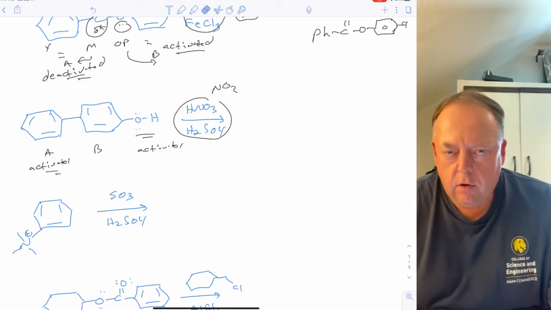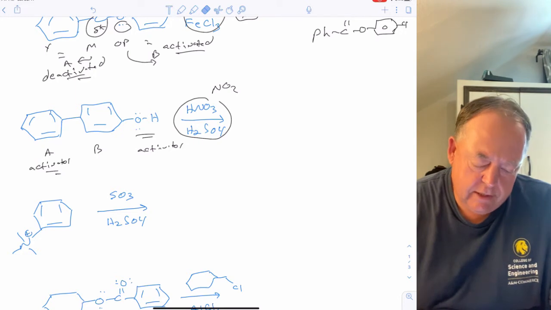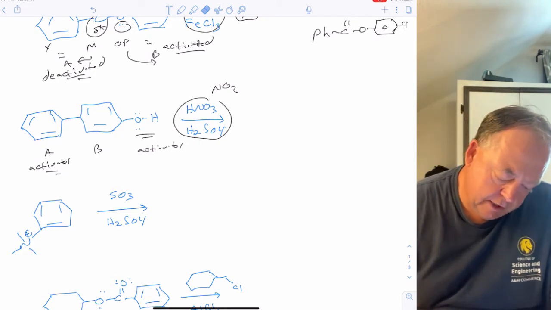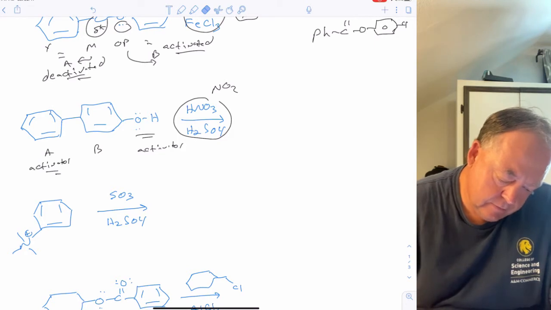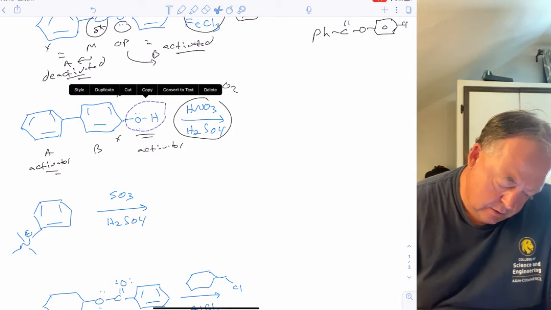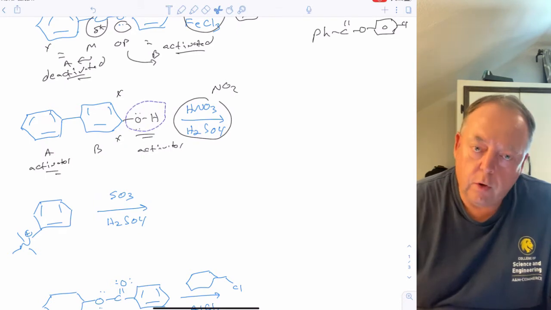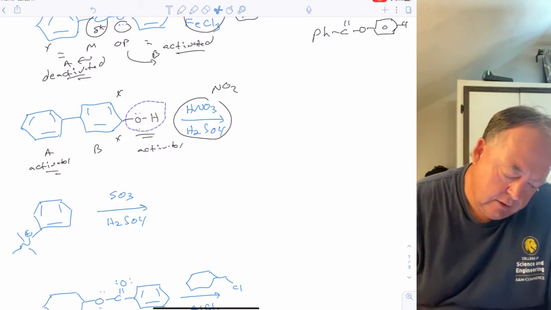So it's an activator on ring B also, so ring B is going to be the one that reacts. The OH is an OP director. It wants to put the nitro group ortho or para to it. The para position is blocked.